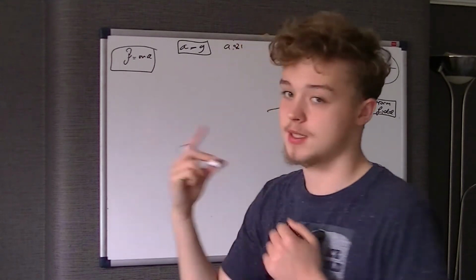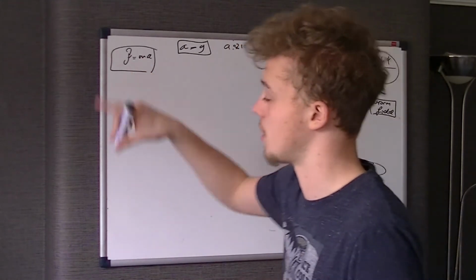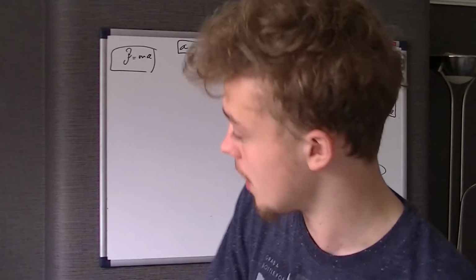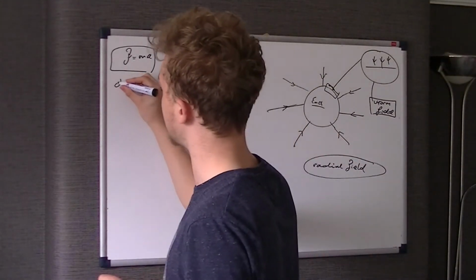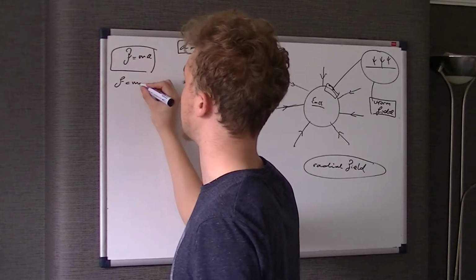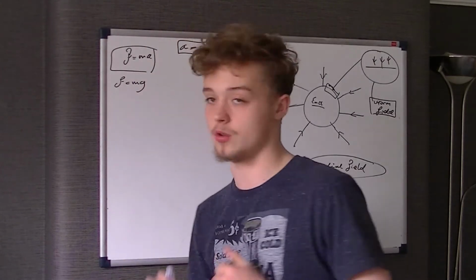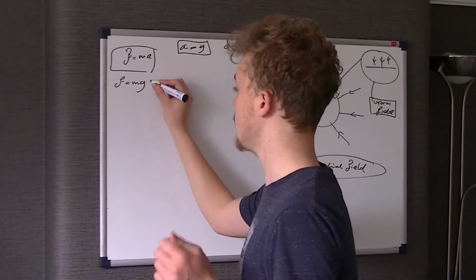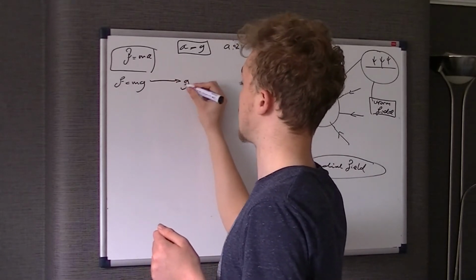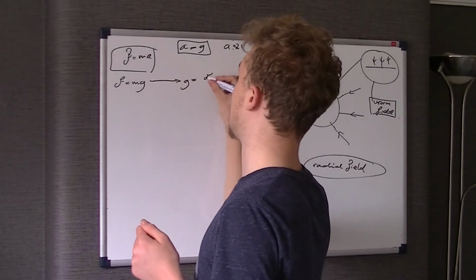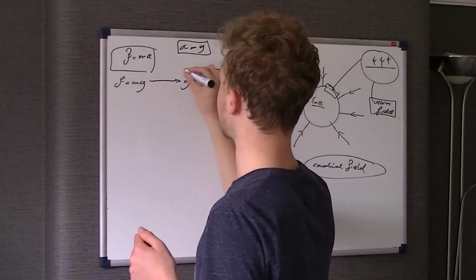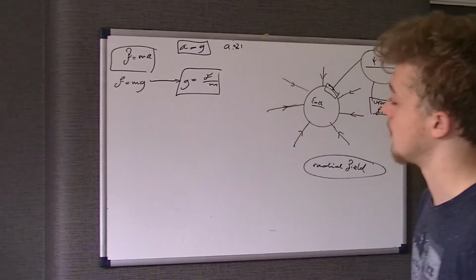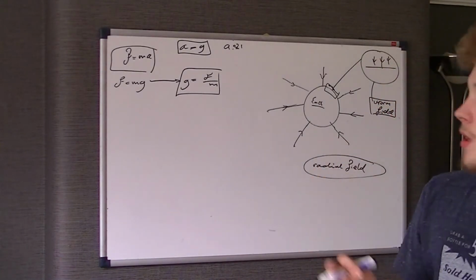I'm going to prove that later on by derivation from Newton's second law. So if a equals g, then the resultant force for an object in free fall is equal to mass times the acceleration due to gravity. In other words, F equals mg, which you can rearrange to get the acceleration due to gravity is the gravitational force over mass.